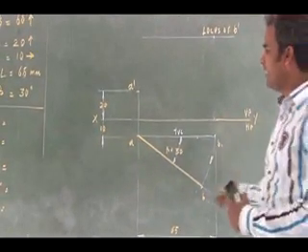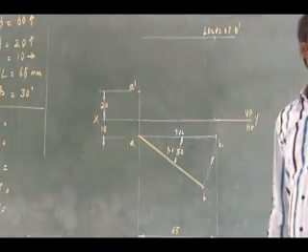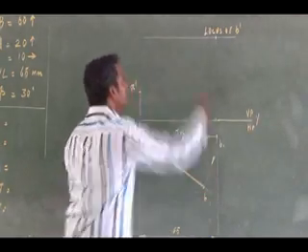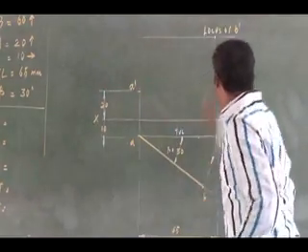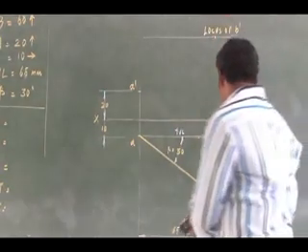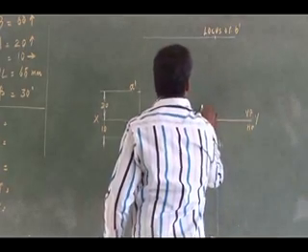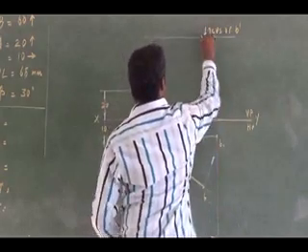Then how can I get theta, phi and true length? What can I do? You can project this end B to the top locus. So B and B dash will fall on the same projector line.